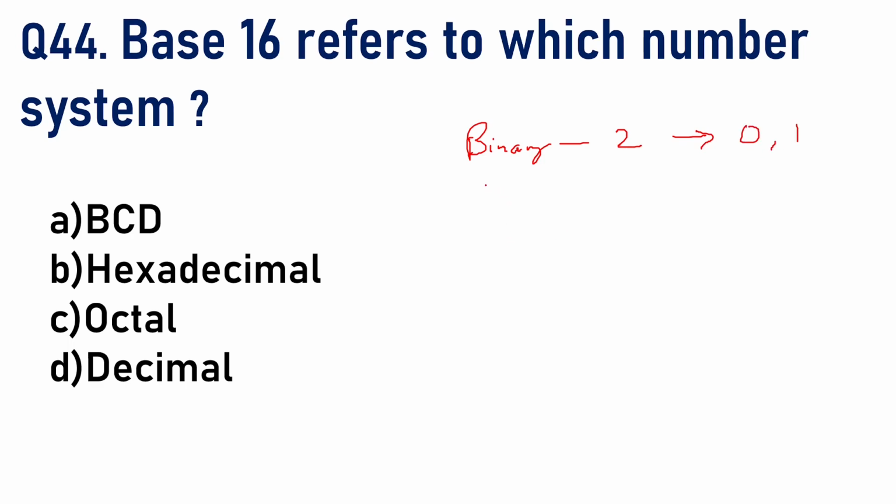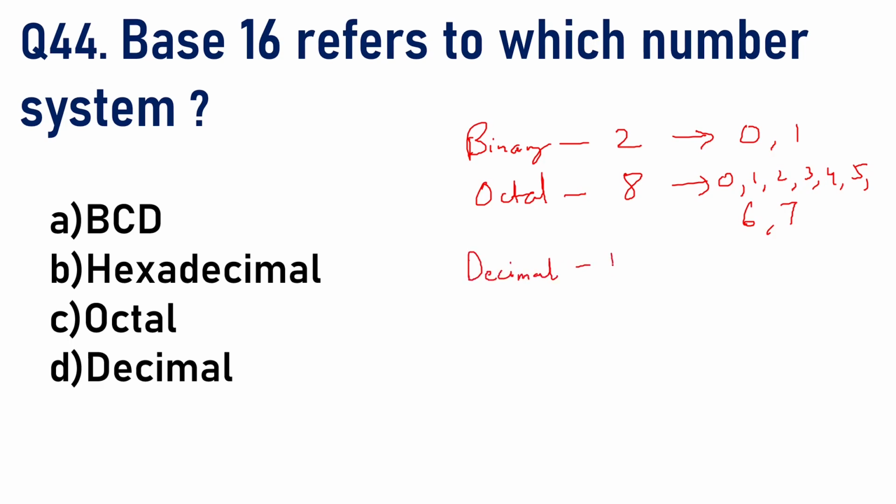After binary, we studied octal, with base 8, and the numbers 0, 1, 2, 3, 4, 5, 6, and 7, so totally 8 numbers. Then comes the decimal number system, which we use in our daily life, whose base is 10, with numbers from 0 to 9. So these are your 10 numbers.